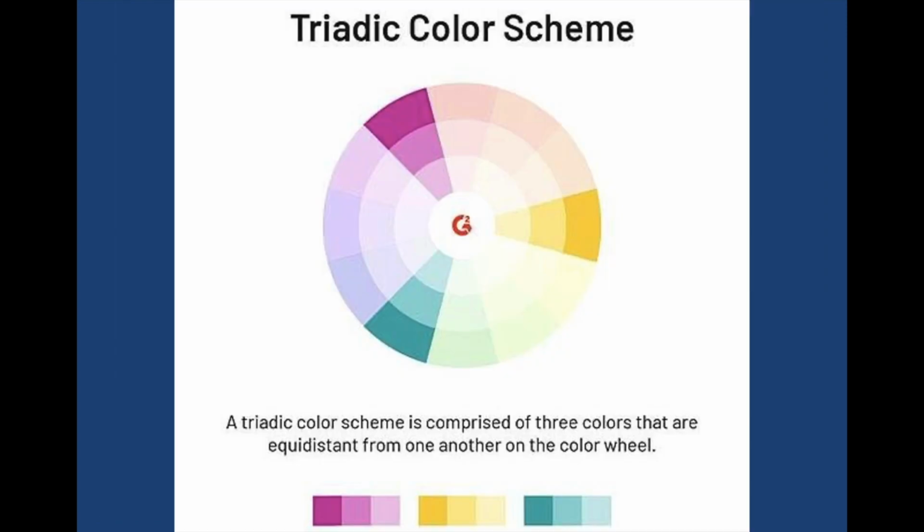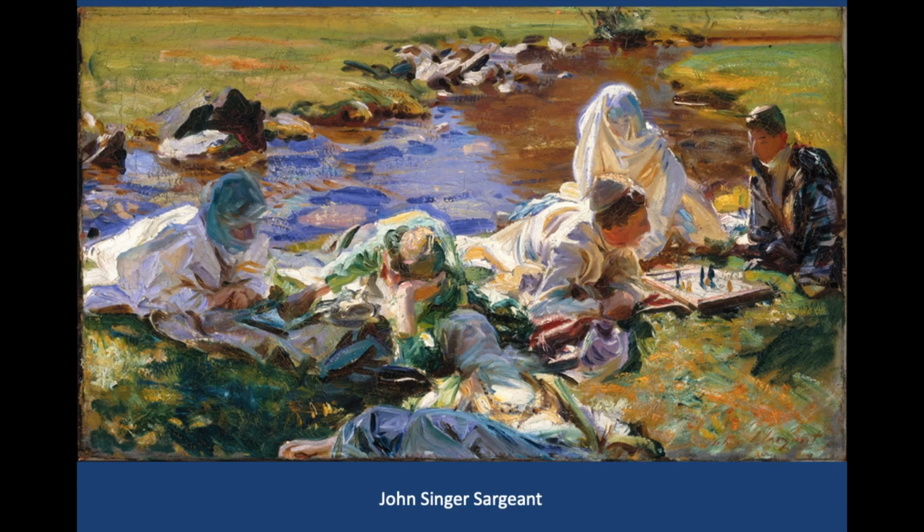A triadic or triad color scheme places an equilateral triangle on the color wheel to find 3 colors equidistant from each other. The most common of these is the primary color scheme, dominated by yellow, red, and blue. Or my favorite color scheme, the secondary triad. John Singer Sargent often used this combination: orange, purple, and green.